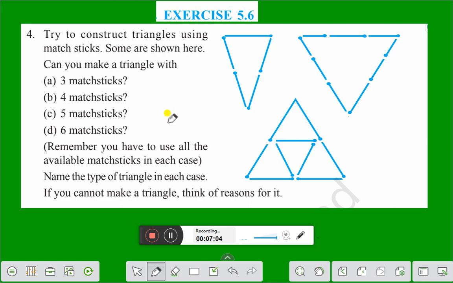Suppose 1, 2, 3, 4, 5, 6. We have taken 6 matchsticks. That means we can make a triangle with these matchsticks. You have to touch all the matchsticks.